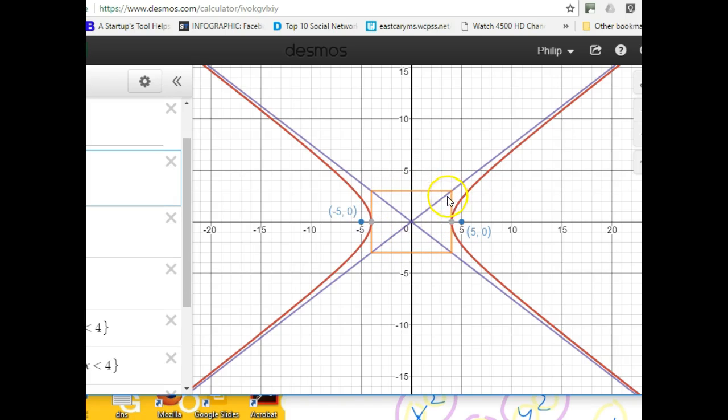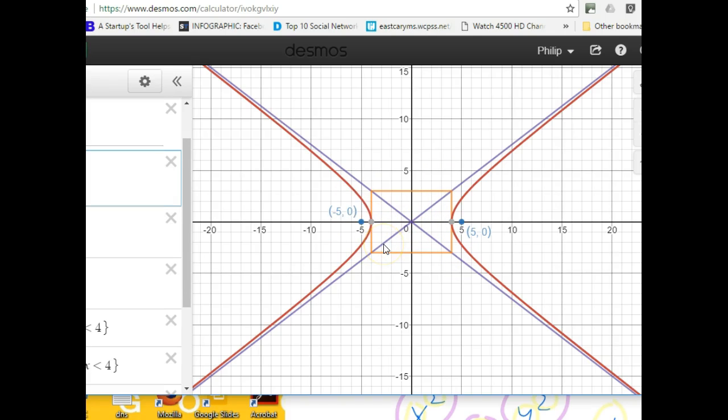And do you see how this orange rectangle is the frame for the purple asymptotes? The asymptotes cross through the corners of the rectangle. So once you draw the orange rectangle using the values 4 and 3, that already gives you the asymptotes also.